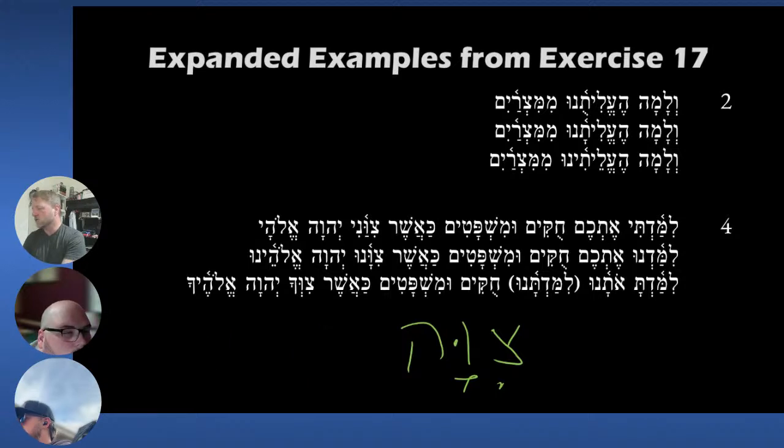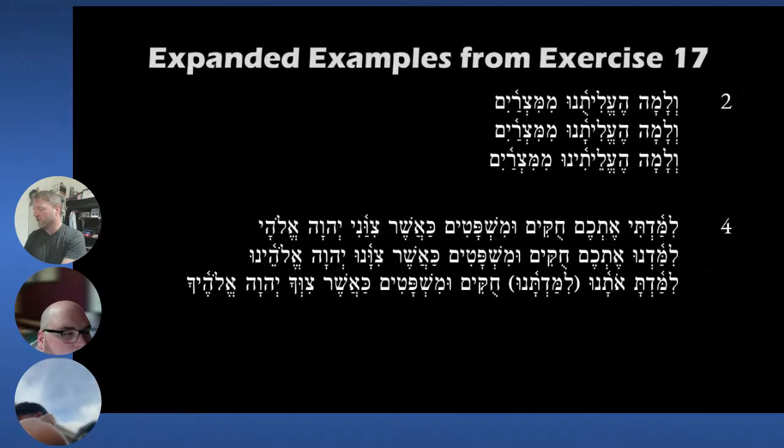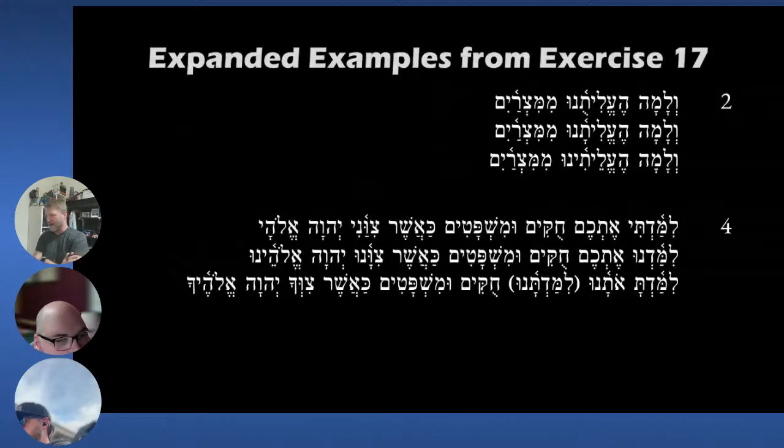So I taught you, all of you, laws and judgments according as which, in other words, as the Lord my God ordered me or commanded me. That's the original sentence. All right, I've changed up from limadati to limadnu. I've changed from tsivani to tsivanu, and from Elohai to Eloheinu to make it plural.